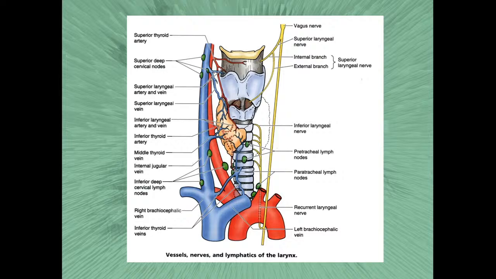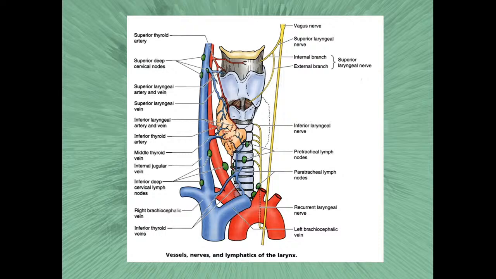So the thyroid gland, as you remember, is located in the neck region, and it has blood supply from two main sources. The first one is from the system of the external carotid artery via the superior thyroid artery, and the second one is from the system of the subclavian artery through the thyrocervical trunk, which gives off the inferior thyroid artery.